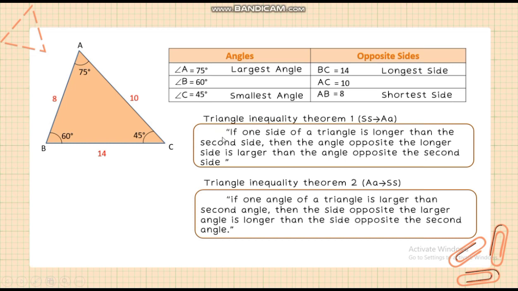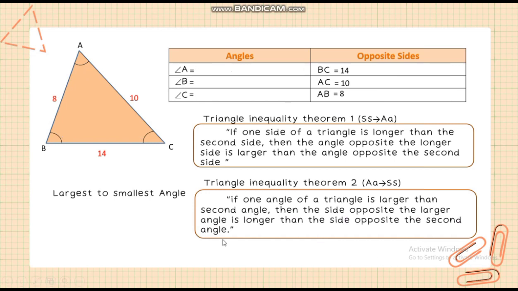So meaning, in theorem 1, if a triangle has unequal sides, the opposite of the longest side is always the largest angle. And also in theorem 2, if the angle is the largest, the opposite of that angle is the longest side. Now let us identify the largest angle to smallest angle by applying triangle inequality theorem 1, given only the measurement of the sides.